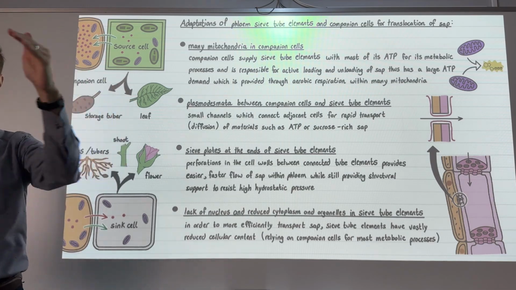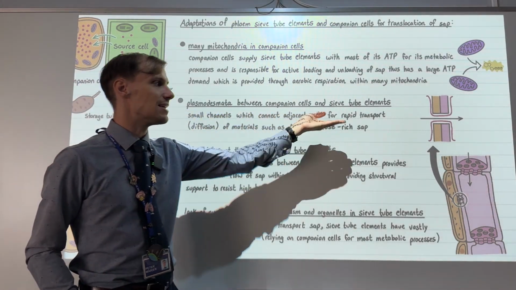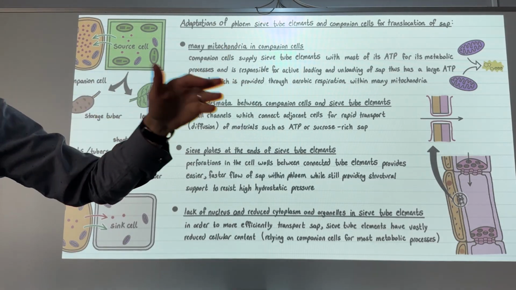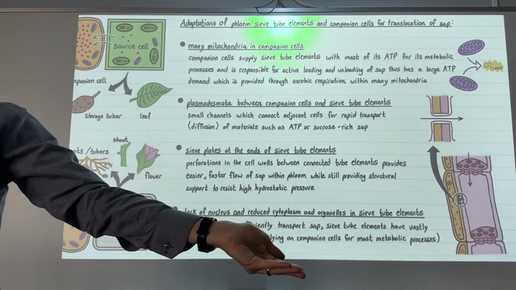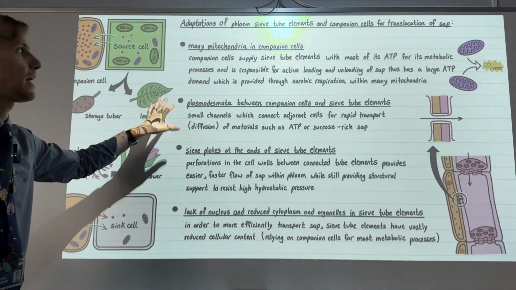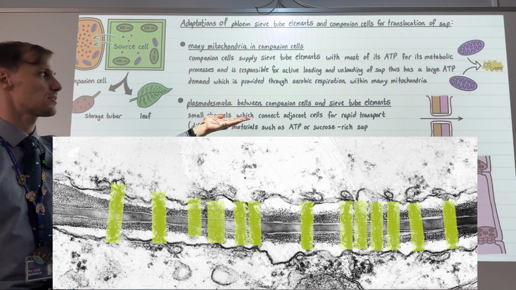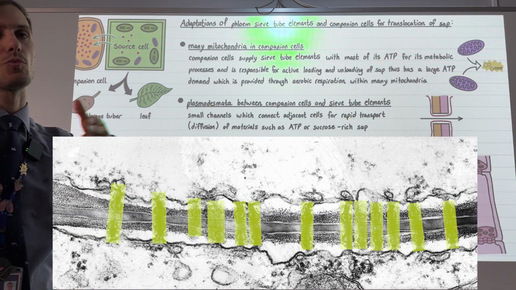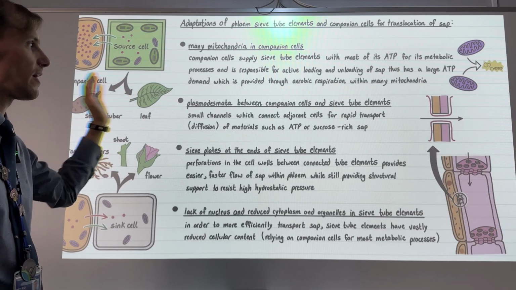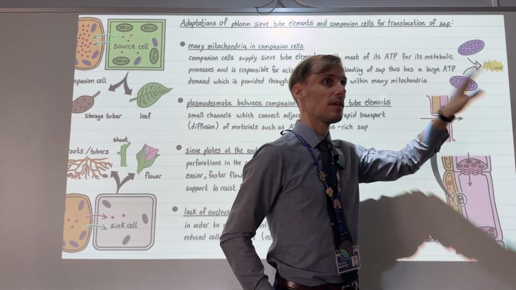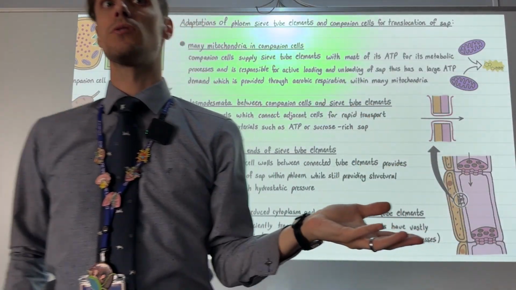The next thing, as we've already discussed, these gaps are really, really important that allow an easy passive flow from high concentration to low concentration, those being plasmodesmata. So they're basically just small channels that connect adjacent cells with each other. And they allow very, very rapid movement. And again, this is not just for sucrose.